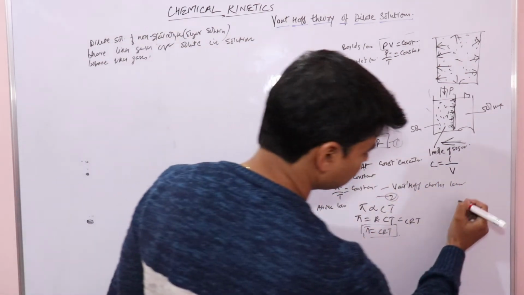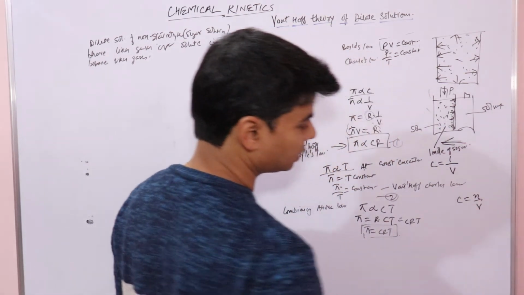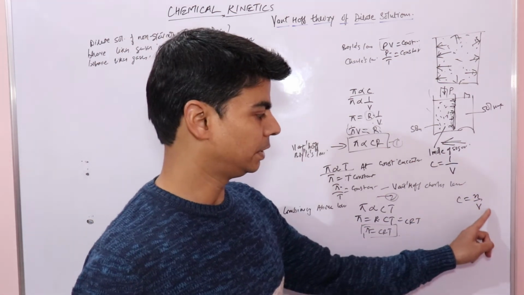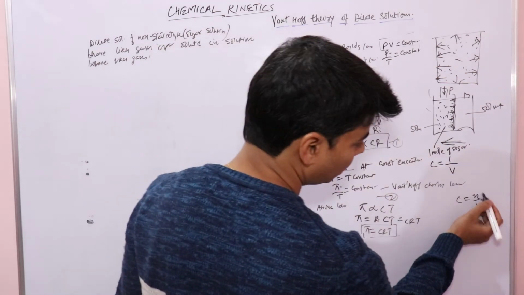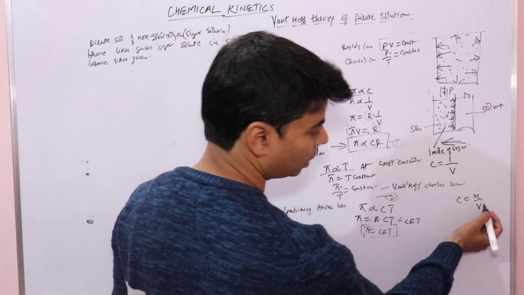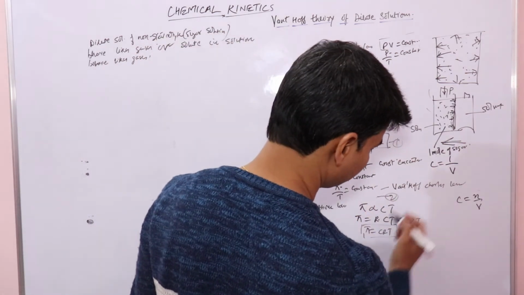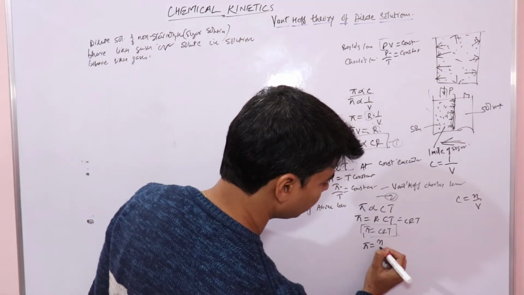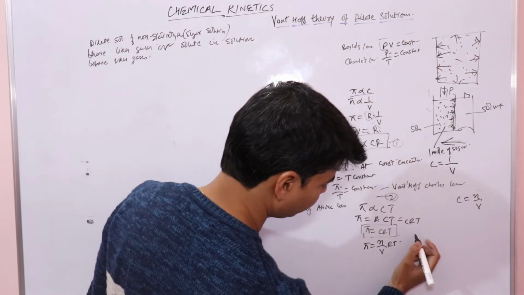Here you can replace C with the number of moles. We know that concentration is nothing but the number of moles in the given volume of solution, so the number of moles per liter of solution, or the number of moles in V liters of solution. So I can write in place of C, n upon V. These are simple formulas that we are aware of.